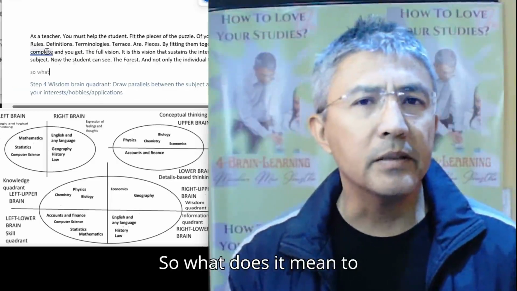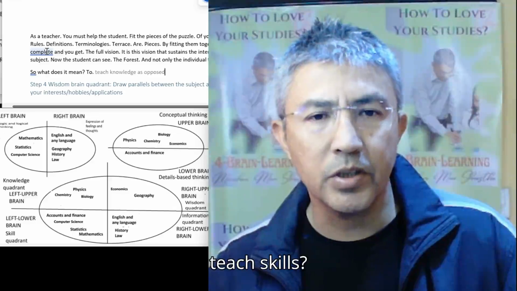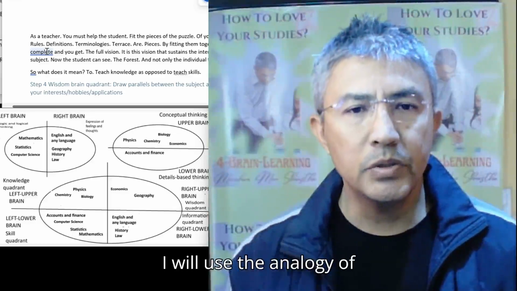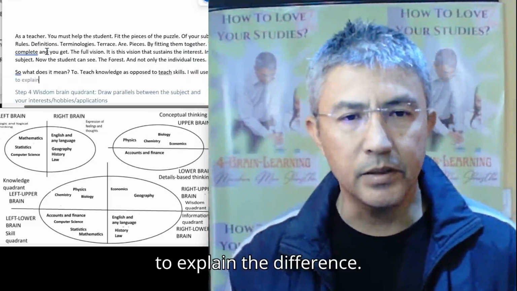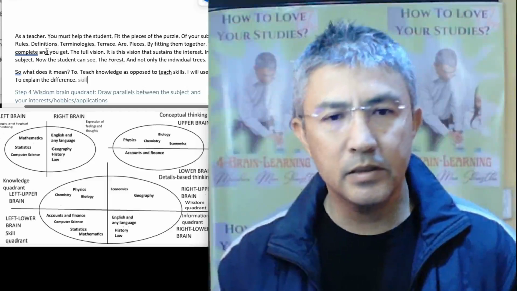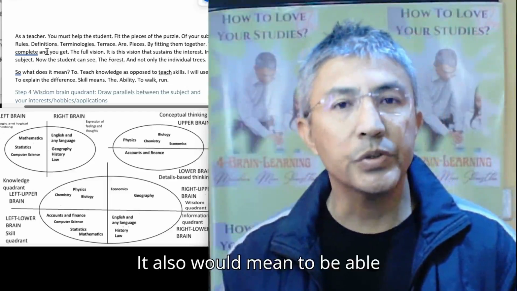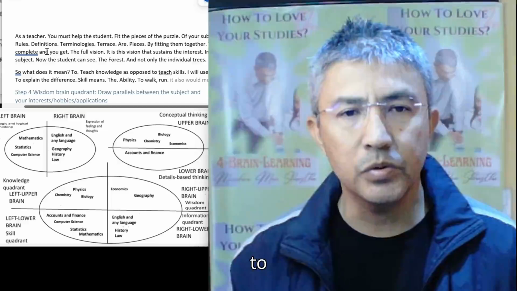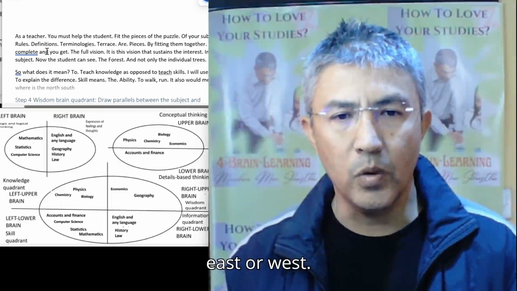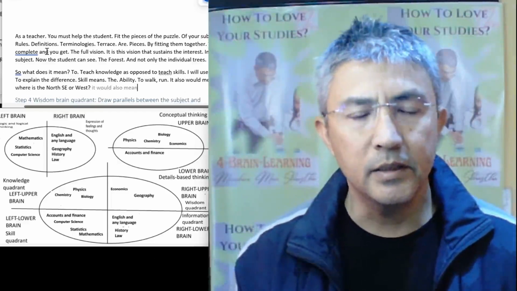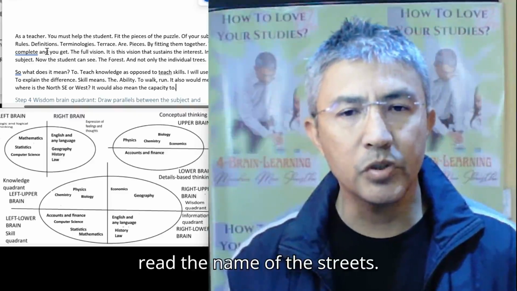So, what does it mean to teach knowledge as opposed to teaching skills? I will use the analogy of travels to explain the difference. Skill means the ability to walk, run. It also would mean to be able to know where is the north, south, east, or west. It would also mean the capacity to read the name of the streets.